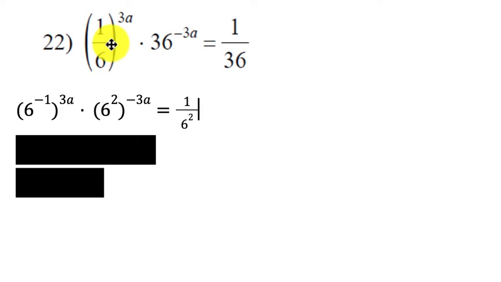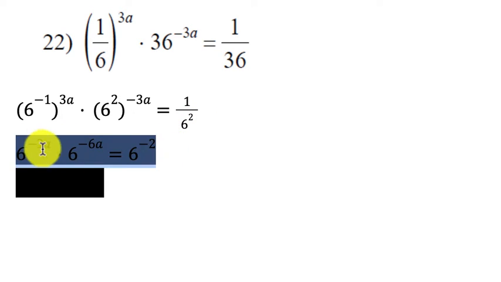All right, again, we've got power to a power to apply here and over here. And then we're going to have to do something with 1 over 6 squared to make it have a base of 6. So again, this is the negative exponent concept, 1 over 6 squared is going to be written as 6 to the minus 2.